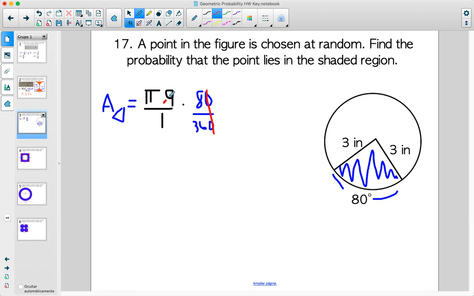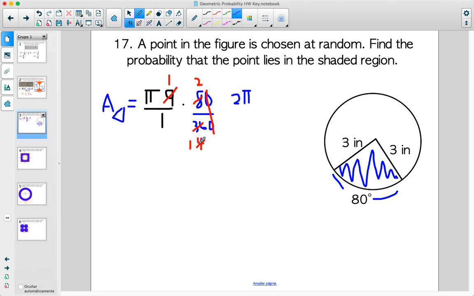These both have a factor of 9. So 9 divided by 9 becomes 1, and 36 divided by 9 becomes 4. And then one last thing, 8 divided by 4 is just 2. So we did a lot of simplification. Now we multiply horizontally. 8 pi times 1 times 2 is going to be 2 pi.